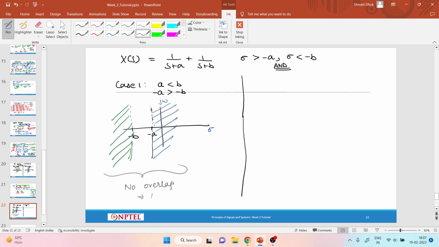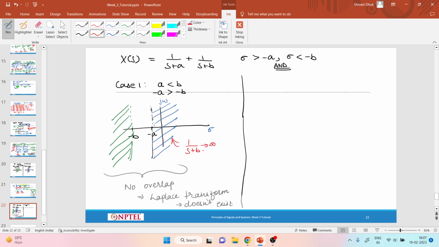which means that Laplace transform doesn't exist. Because in both of these regions, if I consider this region, 1 upon s plus b will tend to infinity.